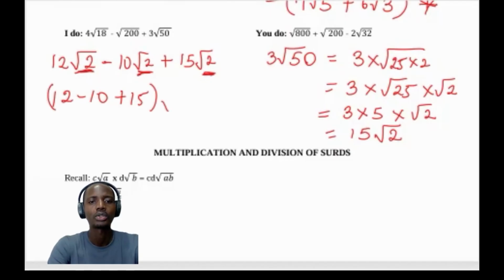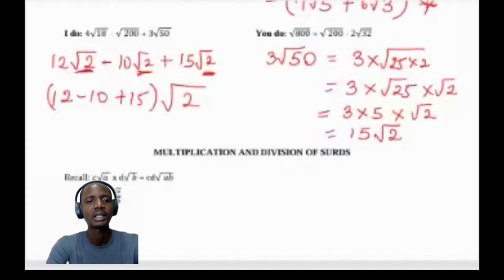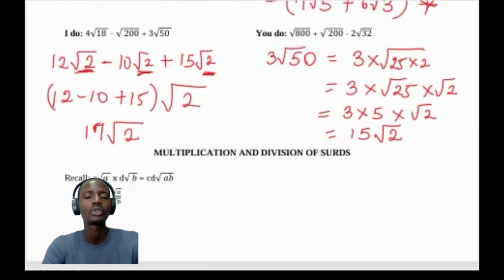Or we can choose to do it one after the other. So what is 12 minus 10? That gives 2. 2 plus 15, that is 17. So I have 17 root 2. So it means the answer to this is 17 root 2, which is in the simplest form.